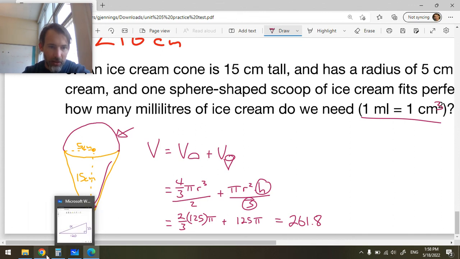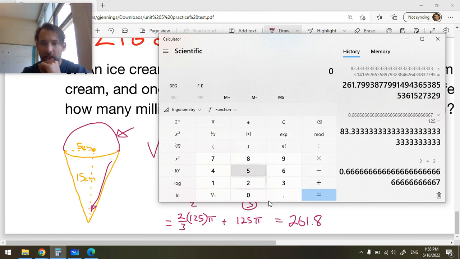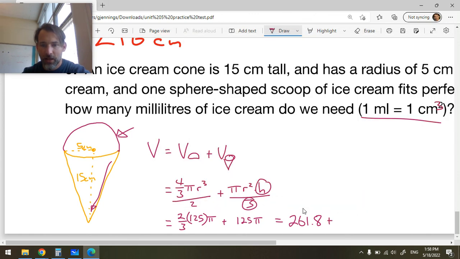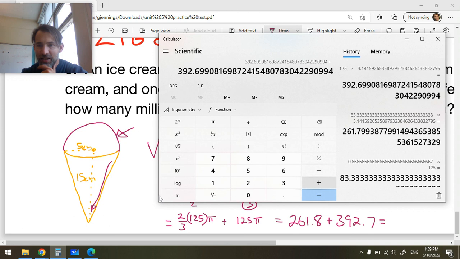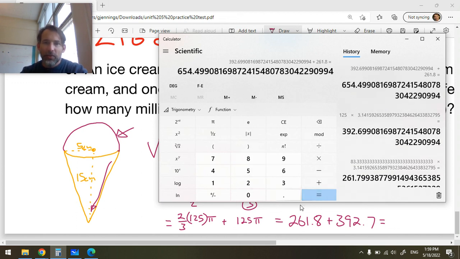Then we go back to the calculator and find 125 times pi, which equals 392.7. Add these together, 261.8 plus 392.7, and that will give you 654.5.